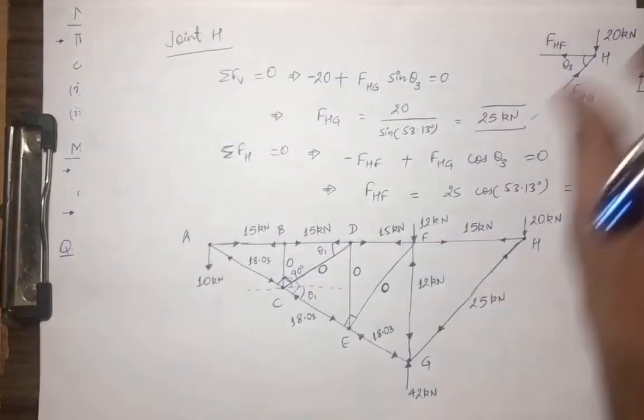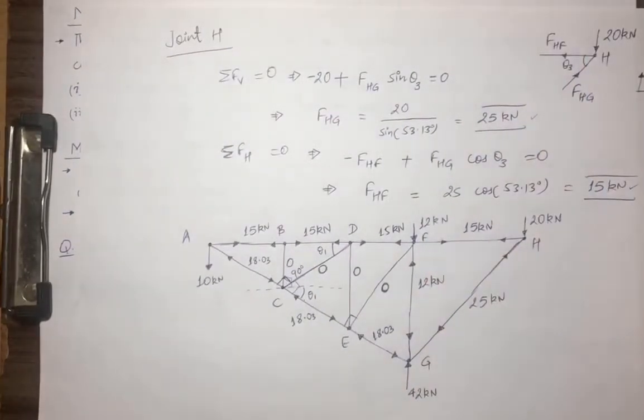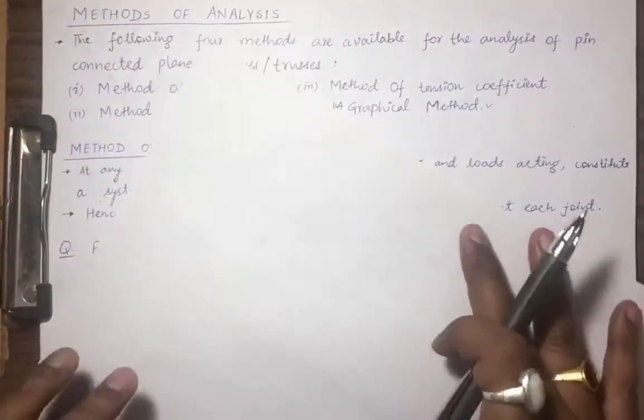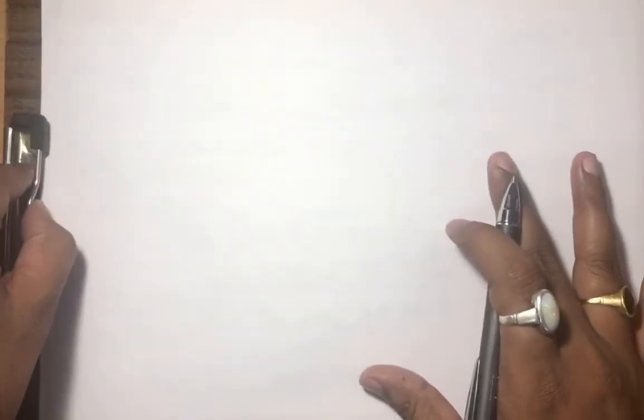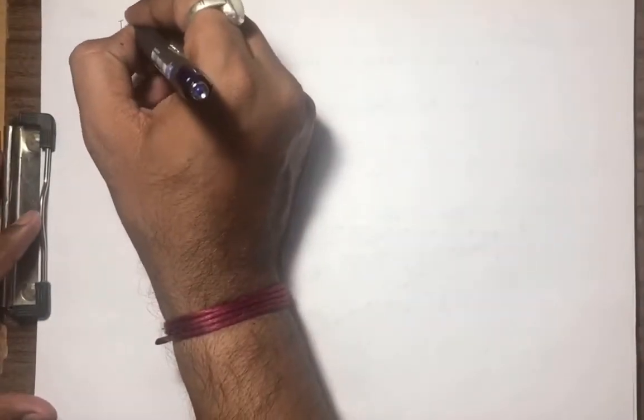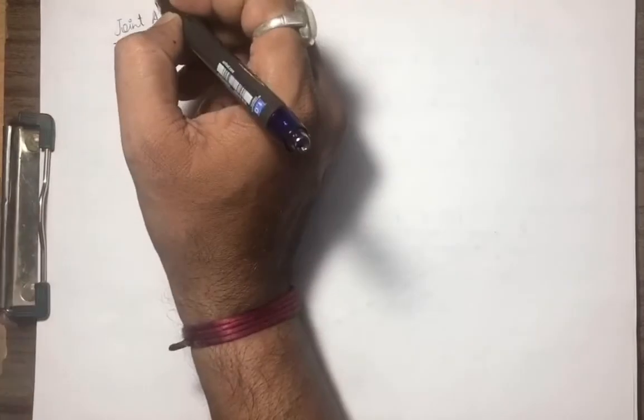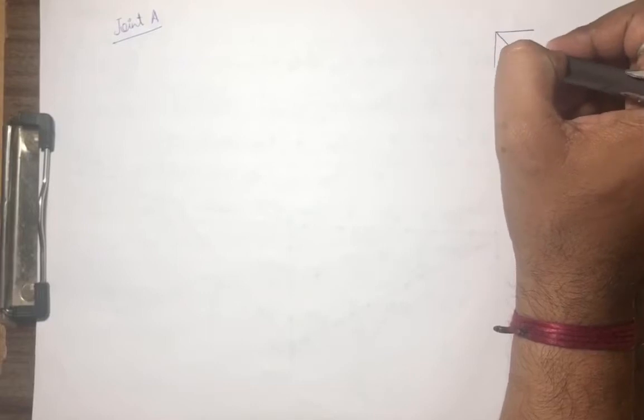Clear? So after this, let us move to point number A. Joint A we want to solve. So at joint A, two members are meeting.